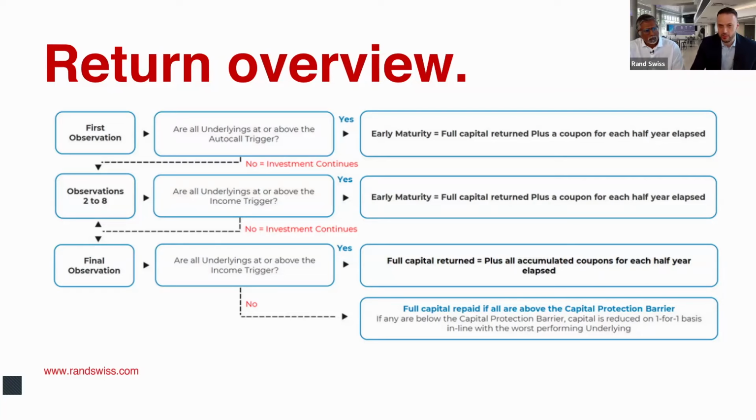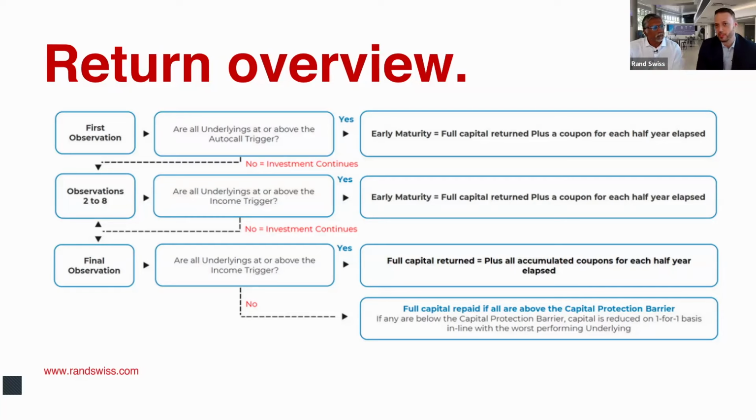Wherever the index levels are there, we set those index levels. We set our trigger at 100%. In 1 year's time, as long as the market is higher than that, this will cash out and you'll get your 13% coupon. If it doesn't, then we go down the curve and we wait another 6 months. Then if they're all above 6 months later, hey, you get your capital plus the next coupon.